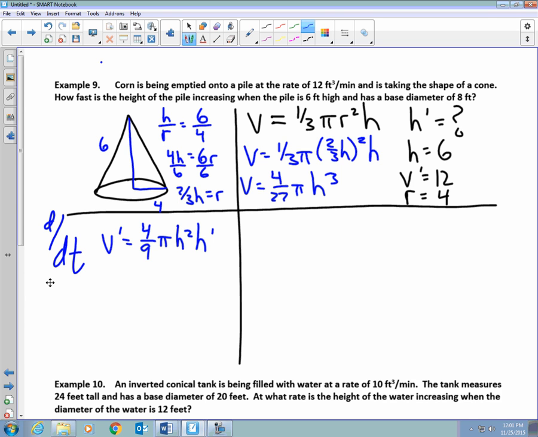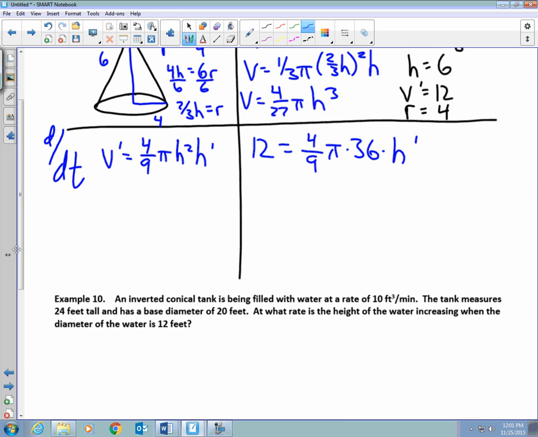All right. V prime is 12 is equal to 4/9 pi. What is h? So that's 36 times h prime. Hey, this actually works out really nice. What's 36 divided by 9? 4. And 4 times 4 is 16. So we get 16 pi times h prime. Divide both sides by 16 pi.